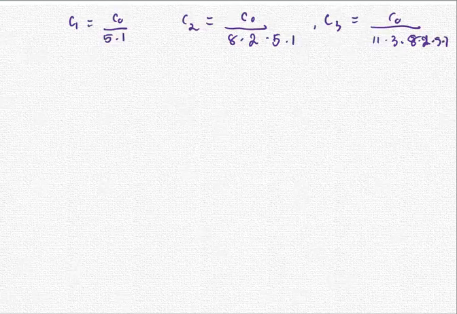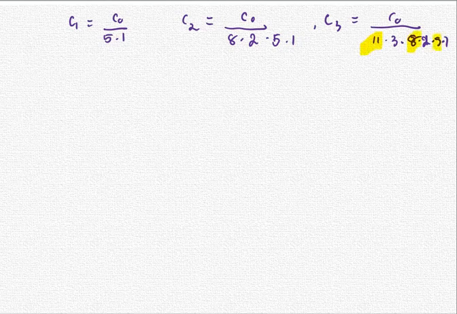And then you can see the pattern as 11, 8, 5, and the other one as 3, 2, 1, which is the factorial.